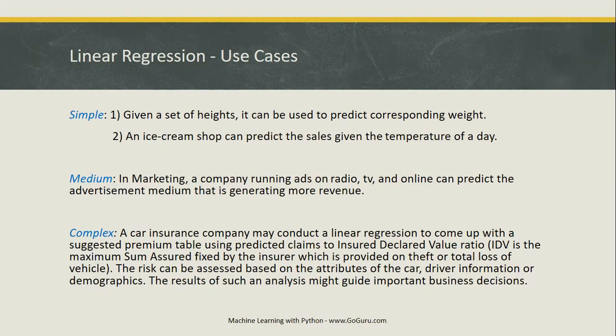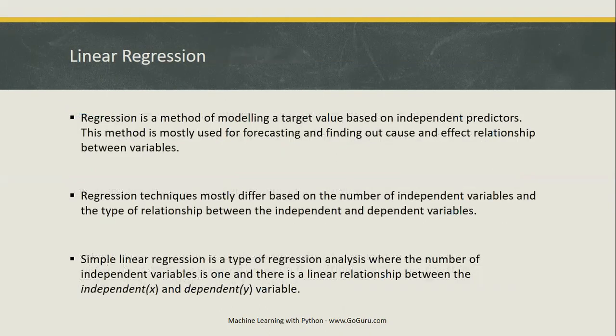They can come up with that value based on several factors which can be taken in by the algorithm to process. The information can be like, what are the attributes of the car? Is it a car that can drive really fast, like a high-end car? Or the age of the driver, the demographics, where he comes from, what city he drives in. Based on all that information, the insurance company can come up with the payment table.